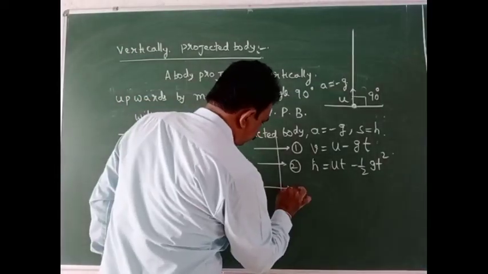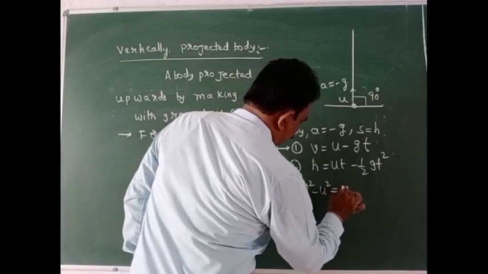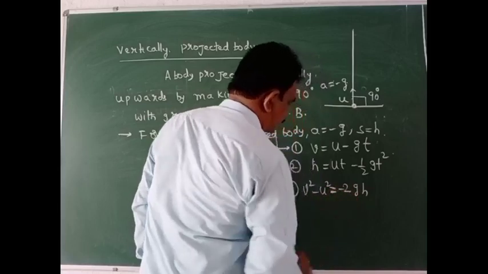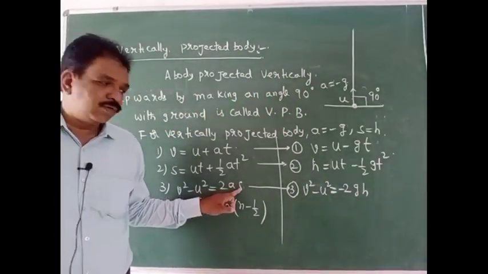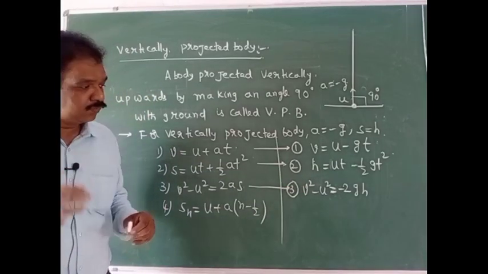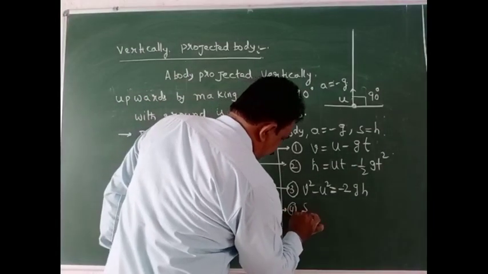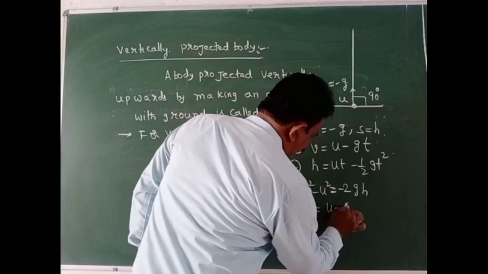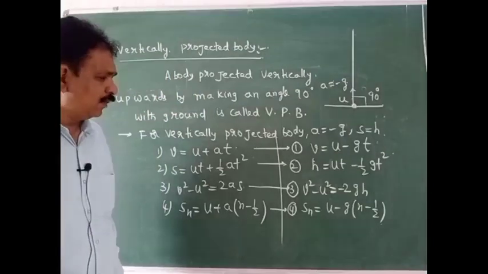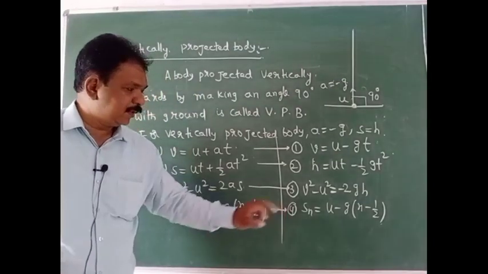Next, V square minus U square is equal to minus 2GH, because A is equal to minus G and S is equal to H. Then Sn is equal to U minus G into N minus half. A value minus G, if you substitute, this will come.